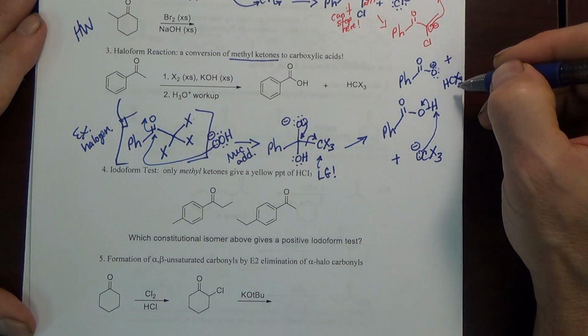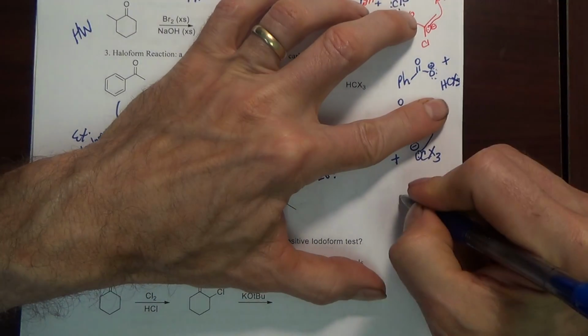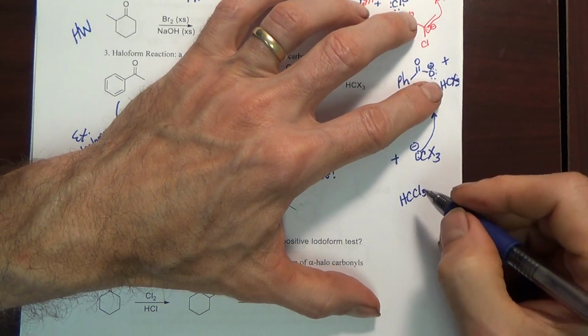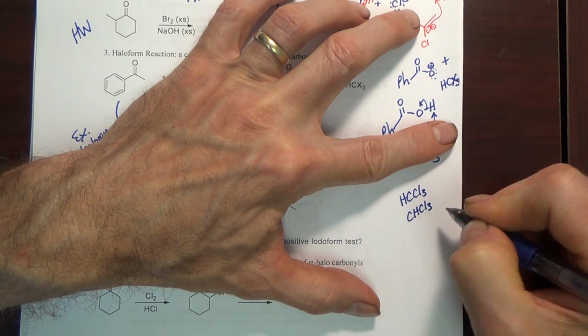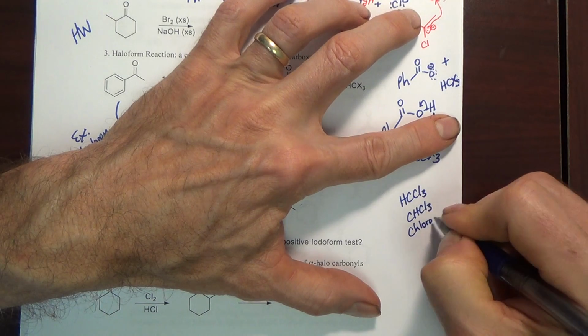And that is your haloform. HCCl3, a lot of times written CHCl3, more commonly written like that, is called chloroform.